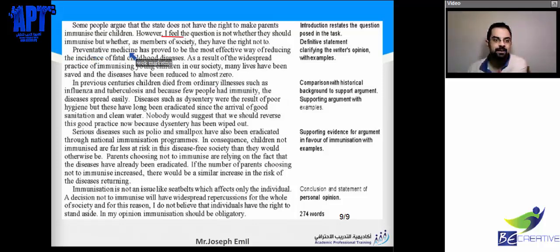So see, preventative medicine has proved to be the most effective way of reducing the incidence of fatal childhood diseases. Something like polio.